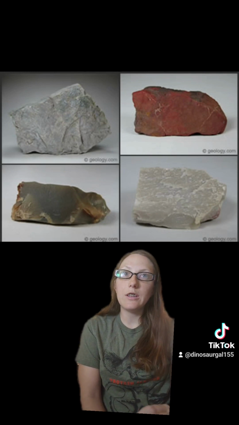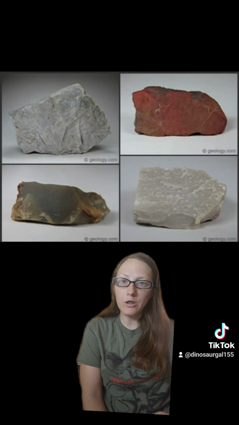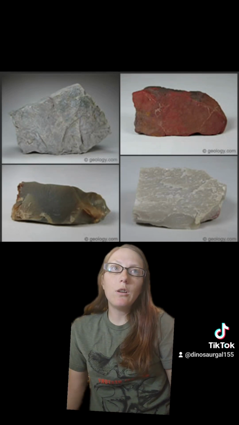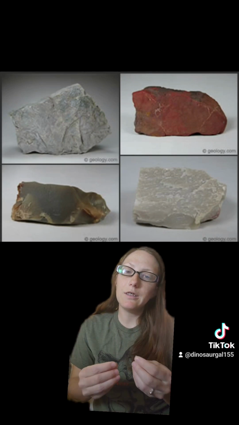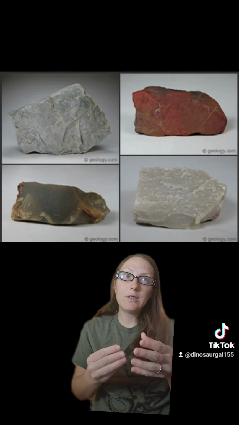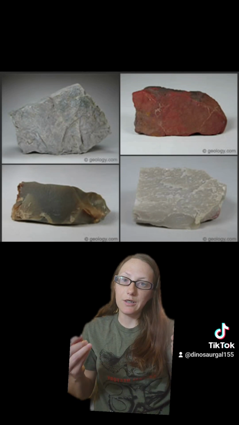So first is biochemical chert. Biochemical chert is formed when siliceous skeletons of marine plankton are dissolved during diagenesis, with silica precipitating out from the resulting solution.